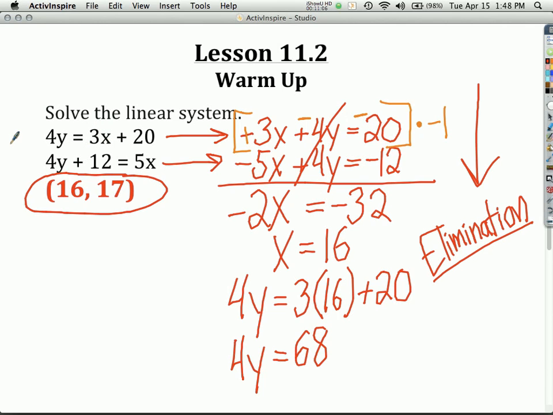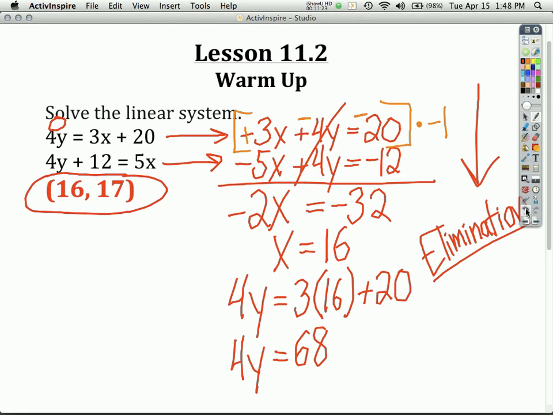You could, if I subtract 4y from both sides, but then I end up with a 0 on the left, and I end up with everything else on the right. So I was just trying to get the x to come over here so that I had the x and y on the same side. Standard form of a linear equation: x and y need to be on the same side. You could put everything on the right. That's fine. It makes you more comfortable if the x and y is on the right side? Okay.